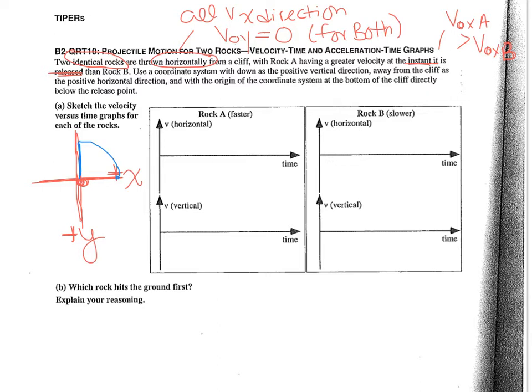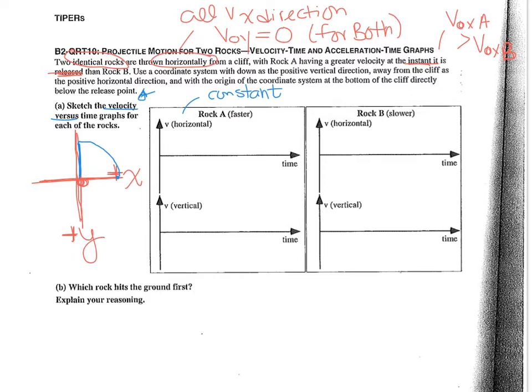Sketch the velocity versus time graphs for each of the rocks. So it's super important that I keep reminding myself that we're talking about velocity, we're not talking about position or acceleration. So my velocity in the horizontal direction is going to be constant because these objects are falling.